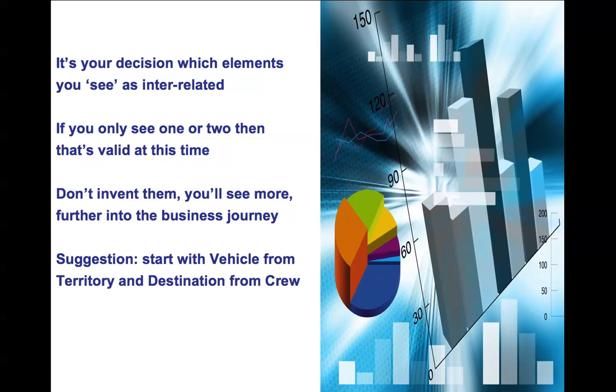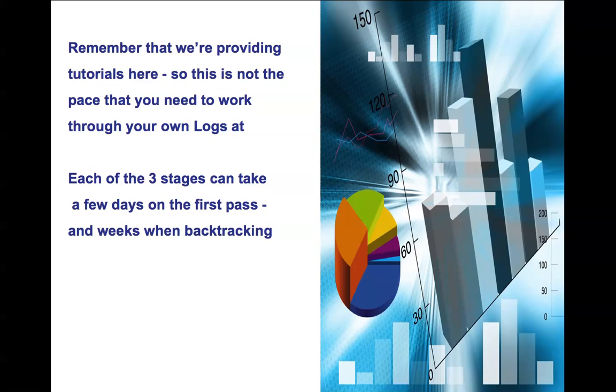So I would suggest that to get going anyway, you look at the elements within your vehicle from the perspective of each of the elements in your territory and think about if there are any relationships and what you can do in terms of keywords to map those relationships. And another one that I think you might want to think about is having a look at the destination from the point of view of your crew.